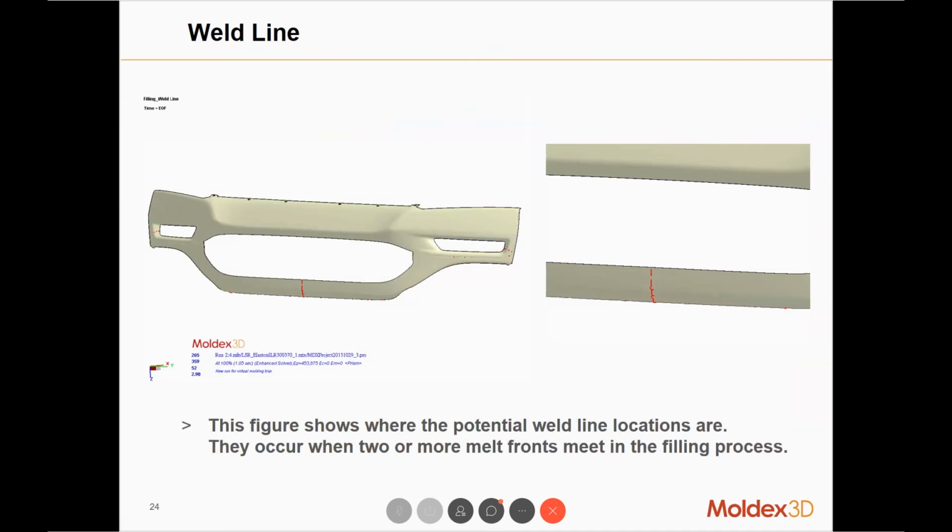And it is not just an appearance problem. Weld lines can also influence the mechanical strength, so this is also important, and we can export this result and use it in structural analysis to determine whether the mechanical strength is strong enough at the weld line location.